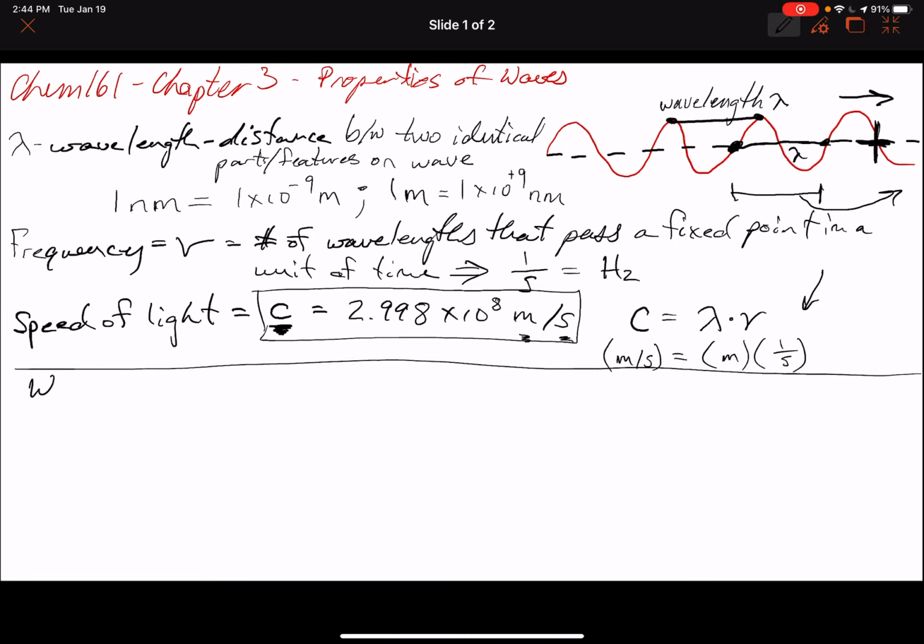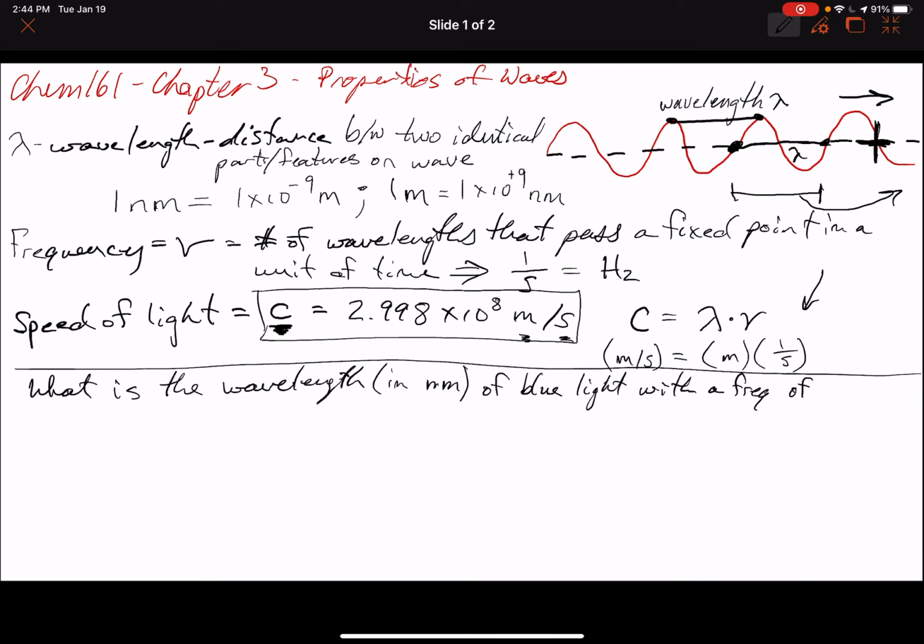So let's ask the question, what is the wavelength in nanometers, so we'll have to answer back in nanometers, of blue light, one of the colors from the rainbow, with a frequency of 6.4 times 10 to the power 14 hertz.